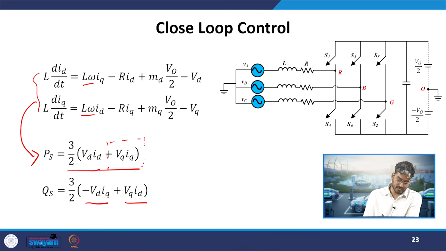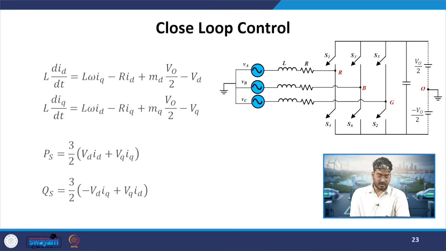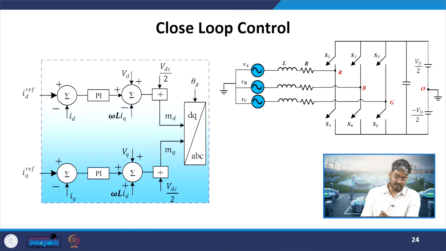Suppose I am giving the active power control to the D axis, I have got a Q axis term over here. Although its magnitude will be very small, we still have a coupling between them. So how to decouple this? For this decoupling, we will provide the appropriate compensation. The compensation amount is equal to the terms which were present in our equations.